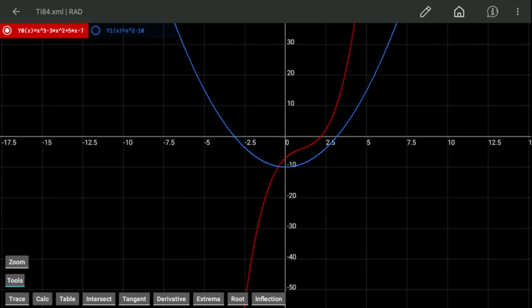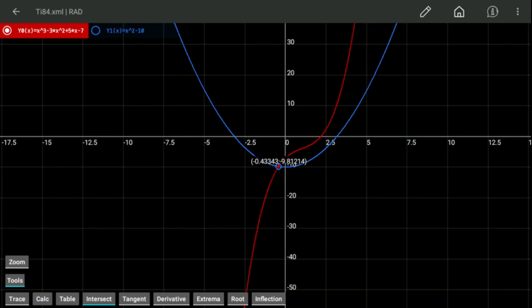So let's first take a look at how we can find where these two graphs intersect. All I have to do is press the intersect button, and it gives me the point of intersection. Just like anything else with a calculator, if you need an exact solution with radicals and things like that, the calculator is not going to be the way to go. It's not going to give you that information.